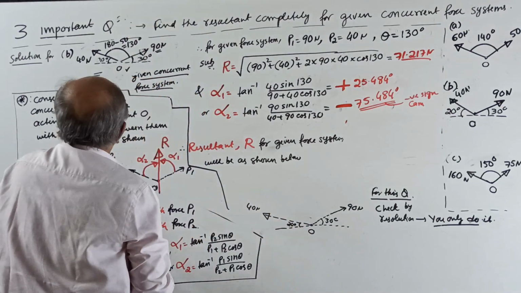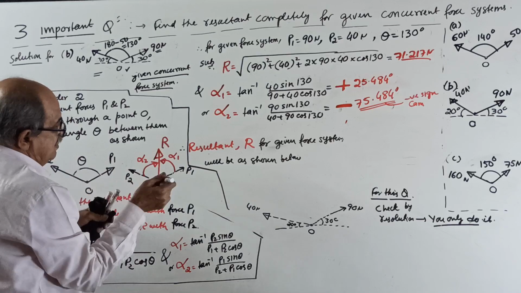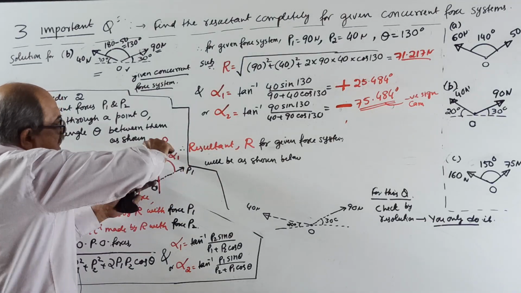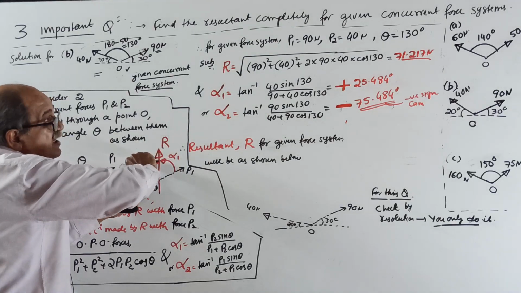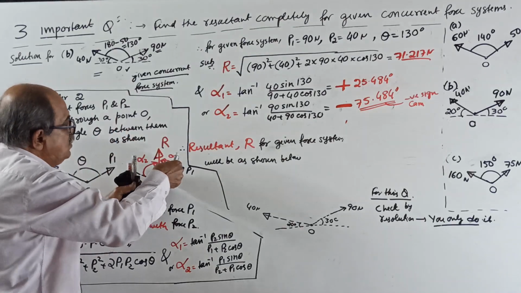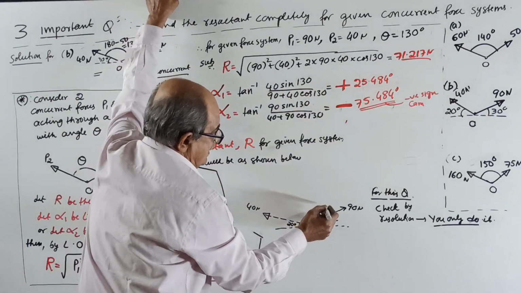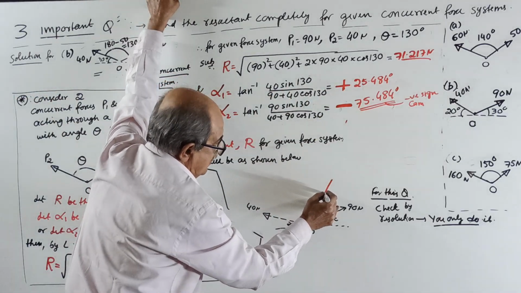Now, from the line of action of P1 to the resultant, angle alpha 1, we took this way, anti-clockwise. You should write everything. The answer came positive, correct. Therefore, the resultant will pass a little this side.